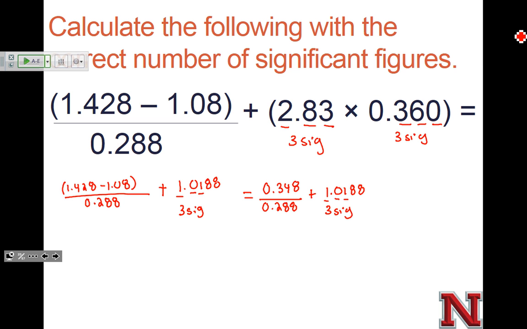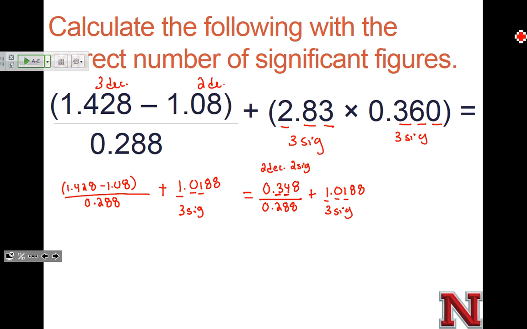So here we're subtracting. So now I'm looking at my decimal places. We have 3 decimal places here. And this one we only have 2. So in my number, what's important is my 3-4. So that's 2 decimals, and that's actually 2 significant figures as well. Again, I'm not going to round yet.